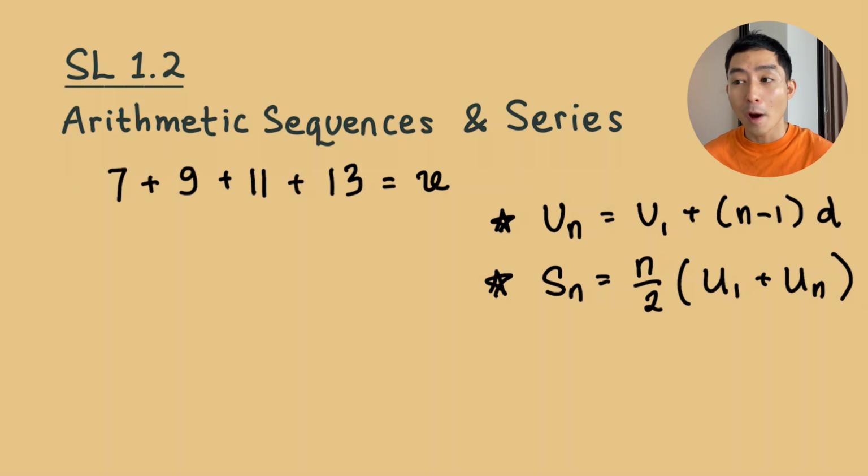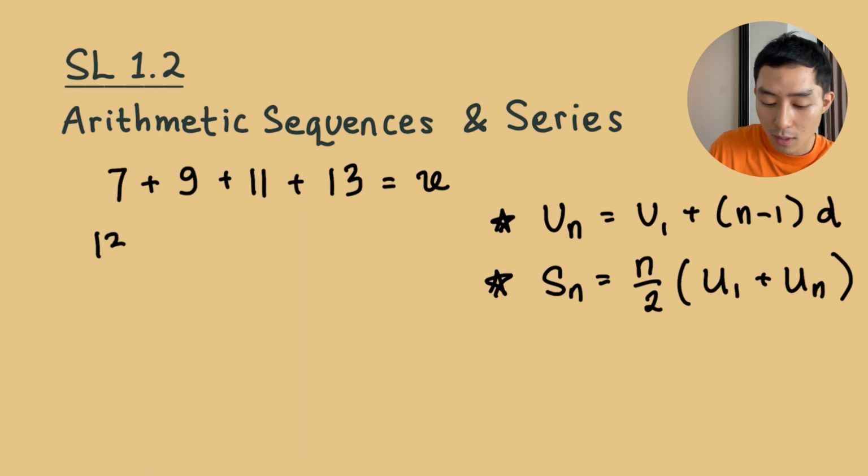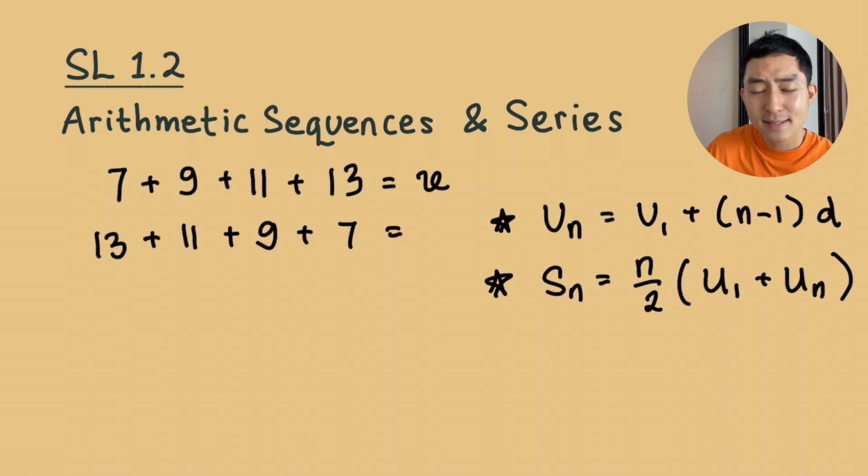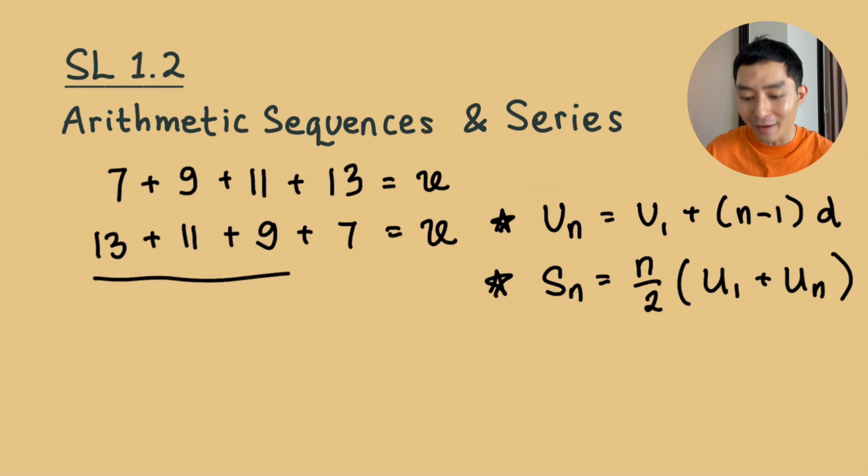But remember, when you add numbers, you don't care about the order. So you can go from left to right, and also from right to left, and that is what we're going to do. 13 plus 11 plus 9 plus 7, and the sum will be equal to x. Now we're going to add them vertically.